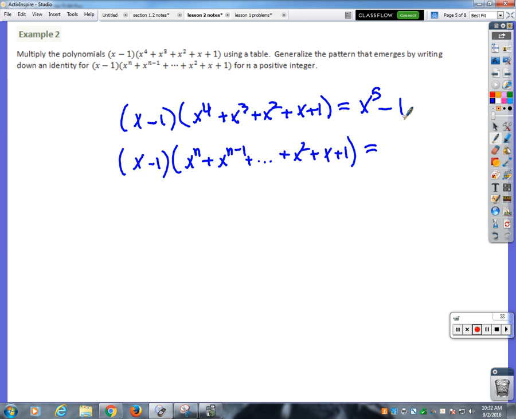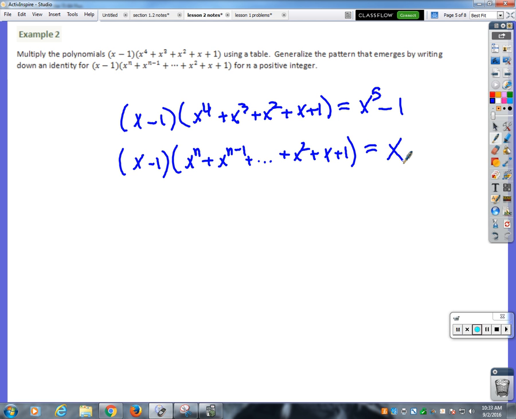Right? Okay? So if I go x minus 1 times, and notice it has to be really, really specific, x to the anything plus x to the 1 less plus x to the 1 less plus x to the 1 less all the way down to 1. What is my exponent going to be right here? So for this one I started with x to the 4th and ended up with an x to the 5th.